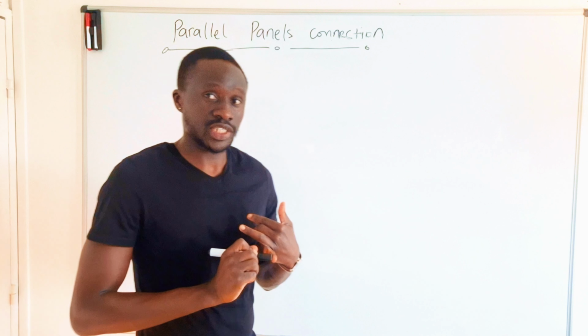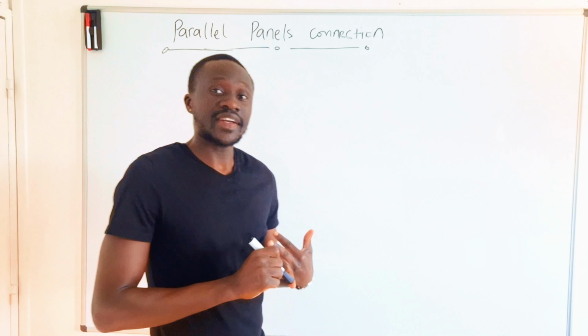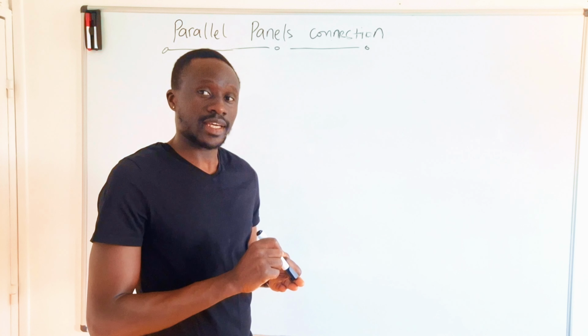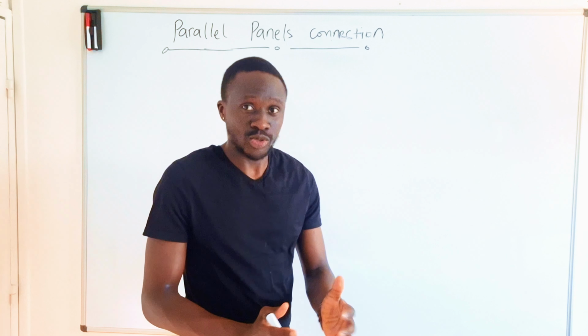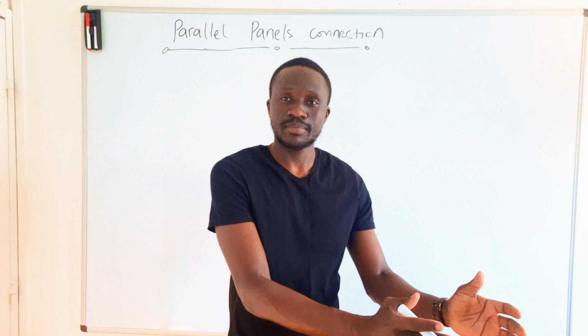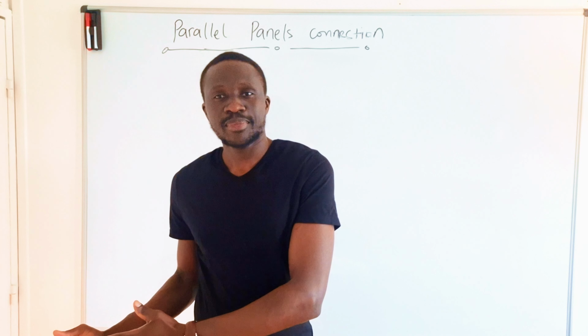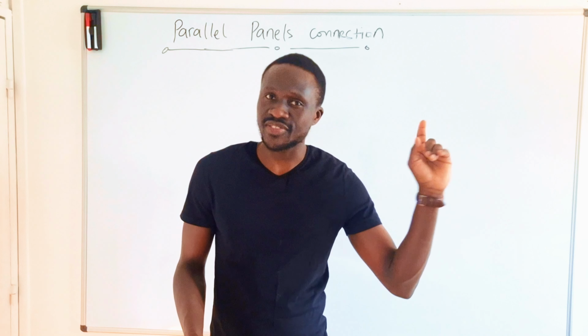There is voltage. We need voltage. We need current. We need the power. Because all this, we need it to charge our battery. Without voltage, we can't have current, and our batteries will not charge. Now, what if we connect them in series, as we have seen in the last video?